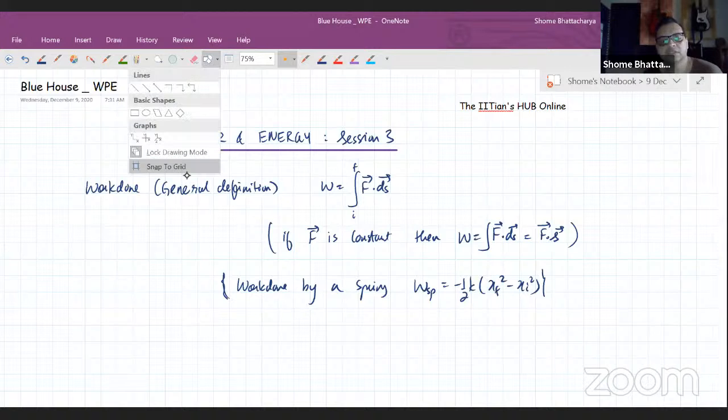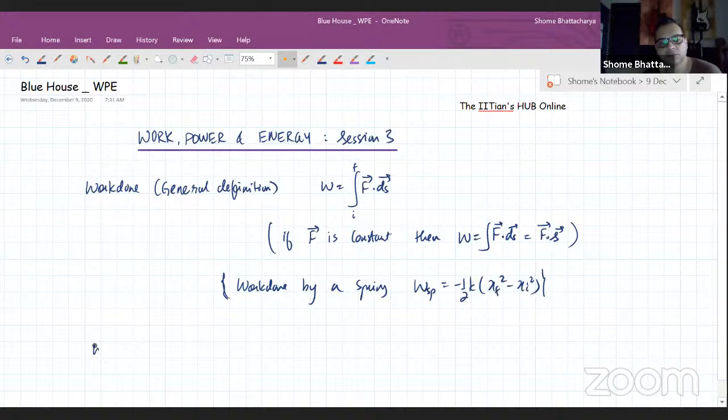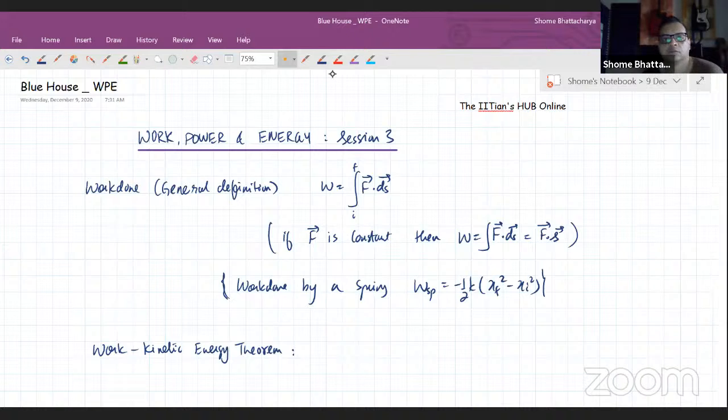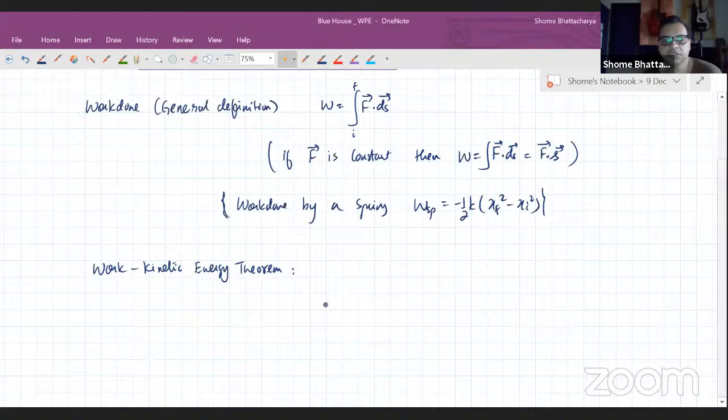Then the next thing we had seen was the work-kinetic energy theorem, wherein we saw that the net work done on a body by all the forces acting on it equals the change in kinetic energy.